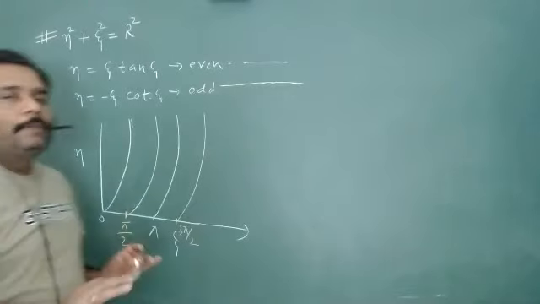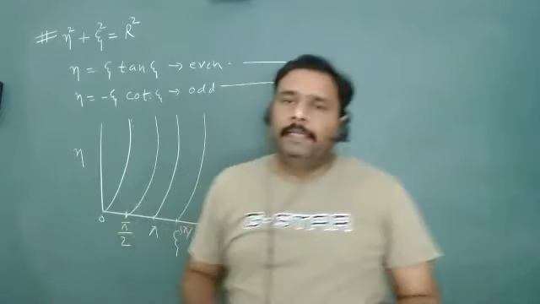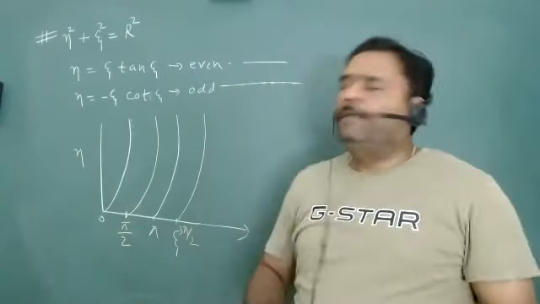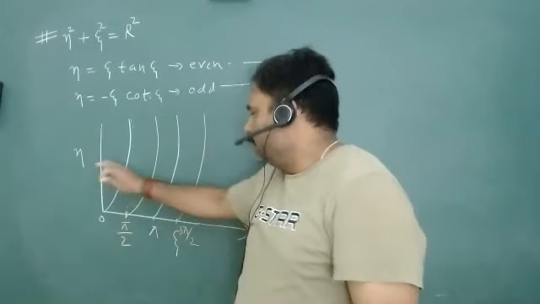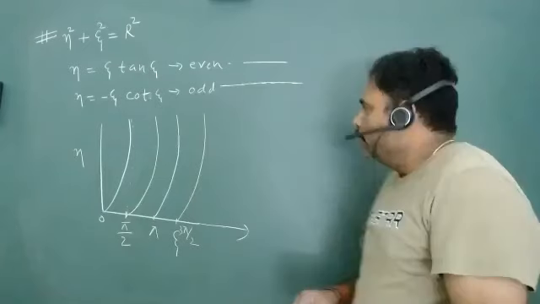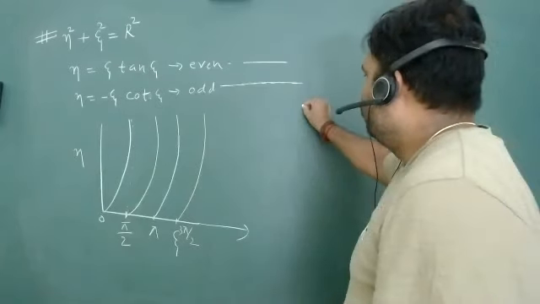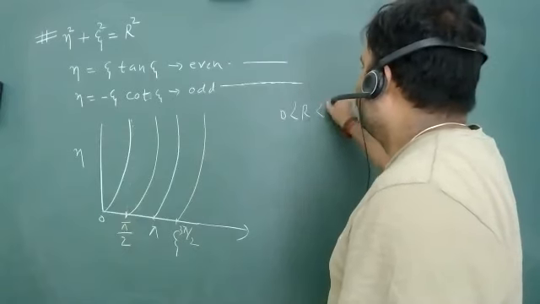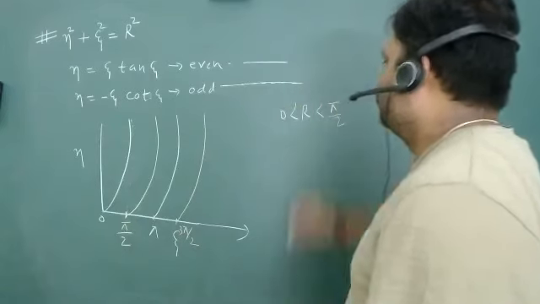Now we will talk about the bound states, and we can analyze which one is odd and which one is even. So if there is a condition that r is between 0 and pi by 2, this is the first case.